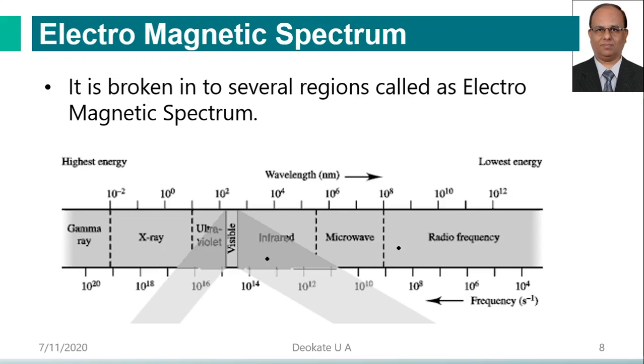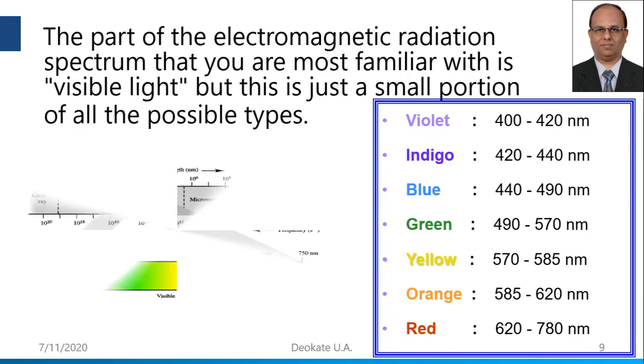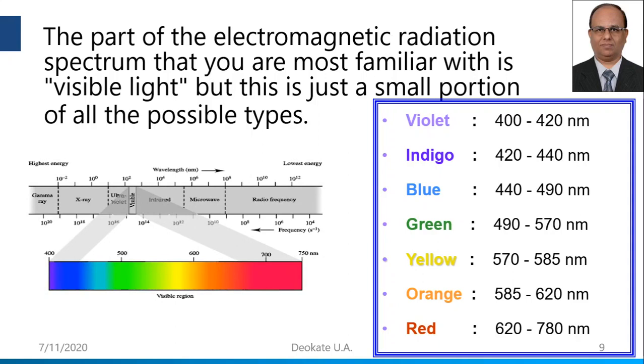We are considering light as a part of electromagnetic radiation. Only this very small part, visible light, will be considered as light. The part of the electromagnetic spectrum that you are most familiar with is visible light, but this is just a small portion of all the possible types.